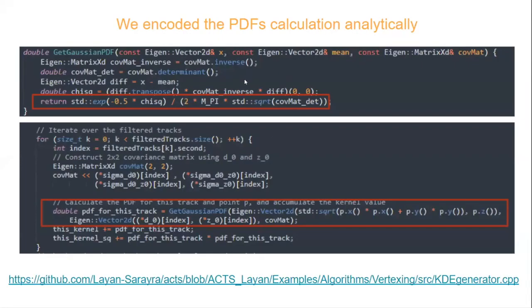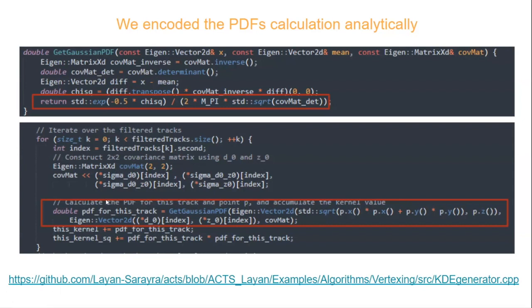This is a snippet of the code. Please do not be intimidated. If you look at the snippet, the upper one, this is where we define the Gaussian probability density function. And it returns, if you remember a few slides ago, the probability density function. It's encoded here.